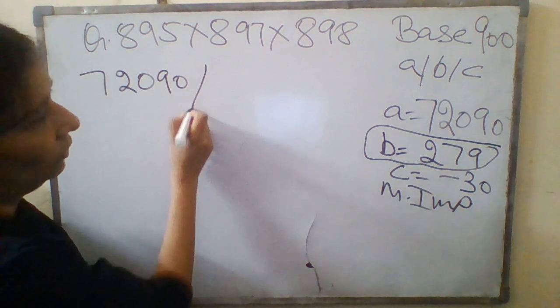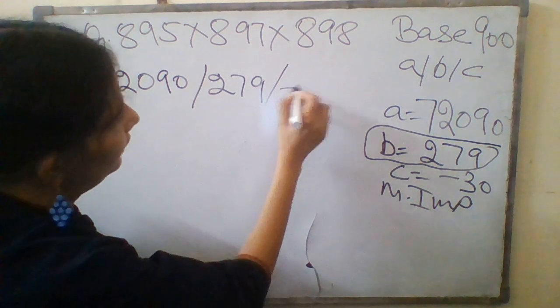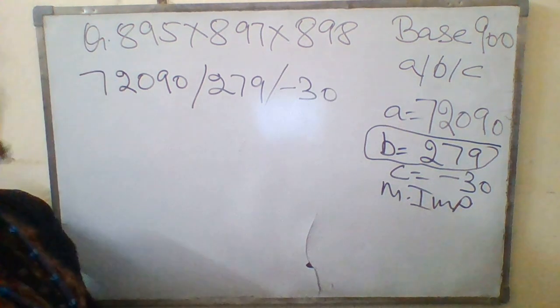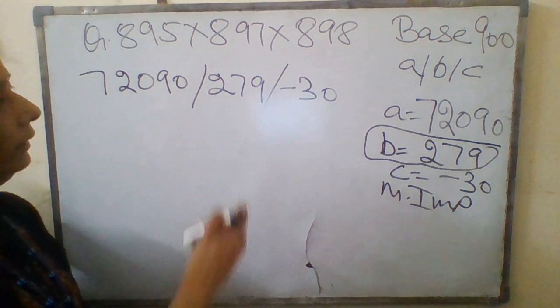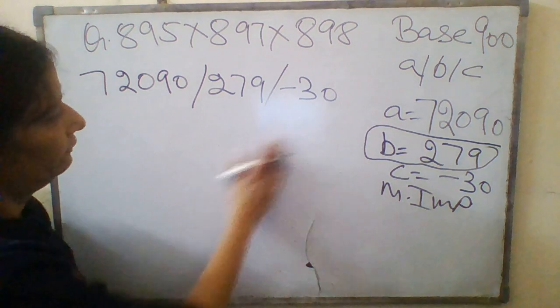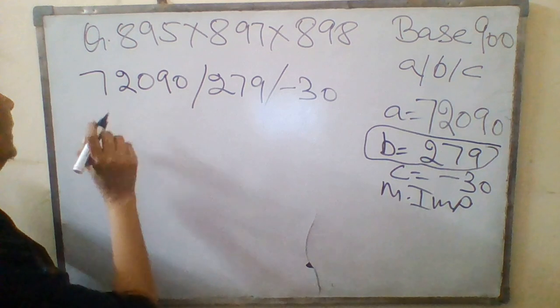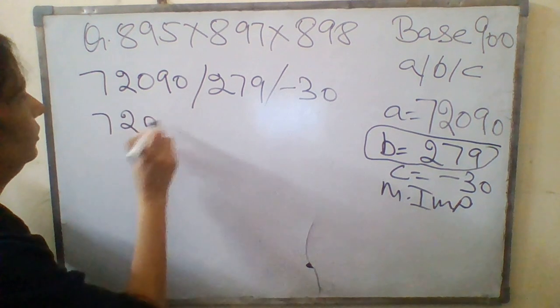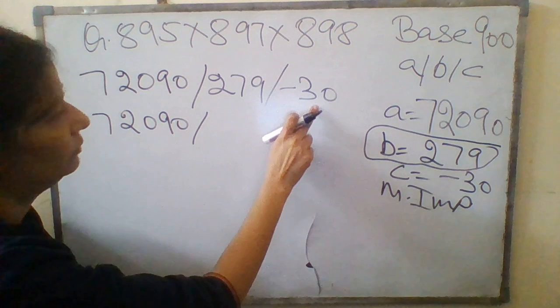72090 oblique. Now this is 279, then slash, then minus 30. As you can see in B part, there are 3 digits, and you see this is negative. So first we will convert this negative into positive. I am starting from here, 72090 slash. Now to make it positive, this is minus 30.